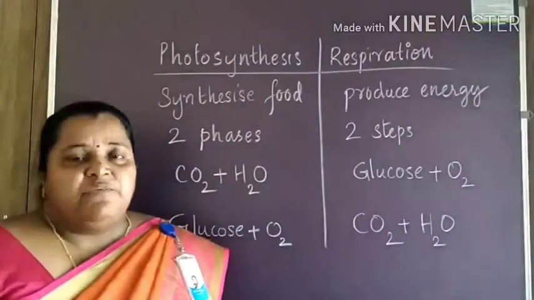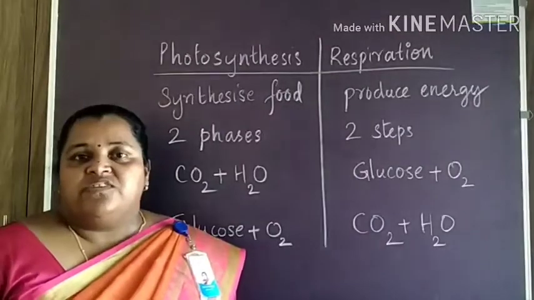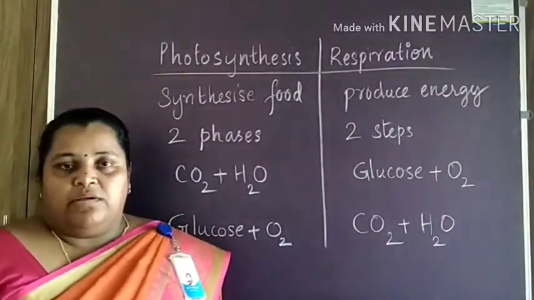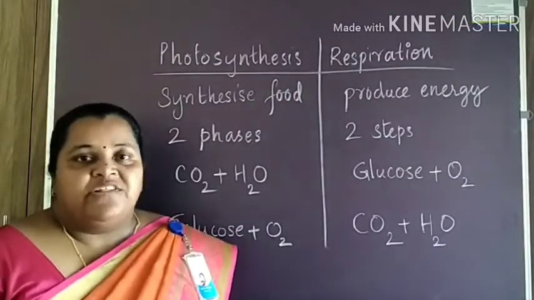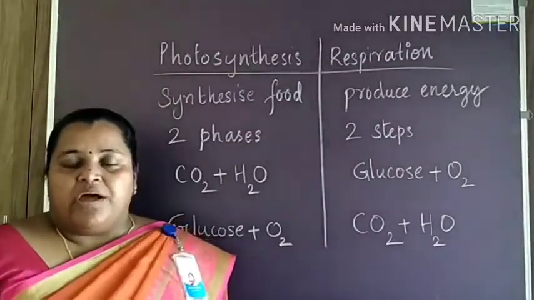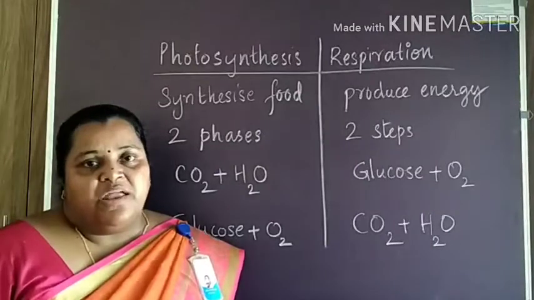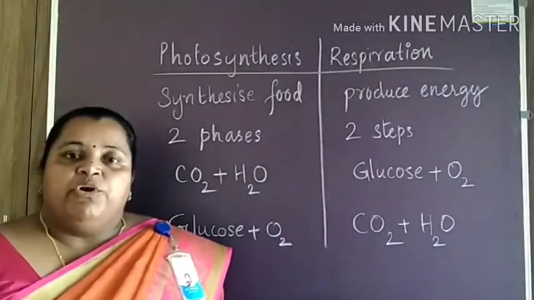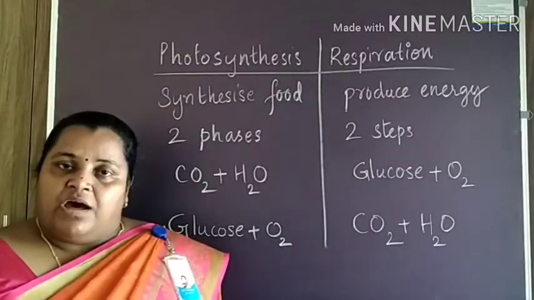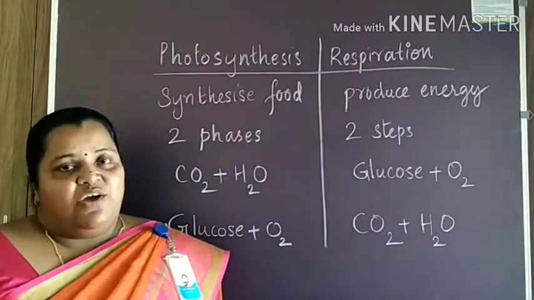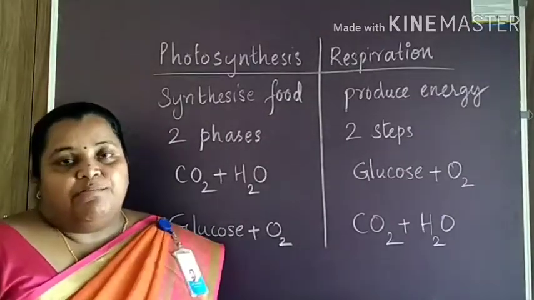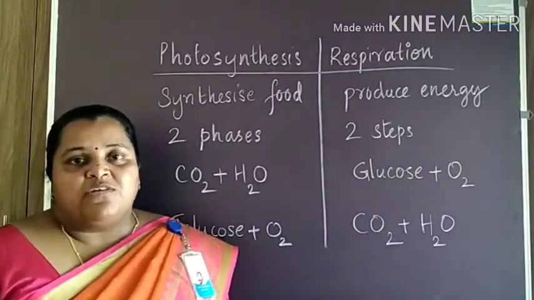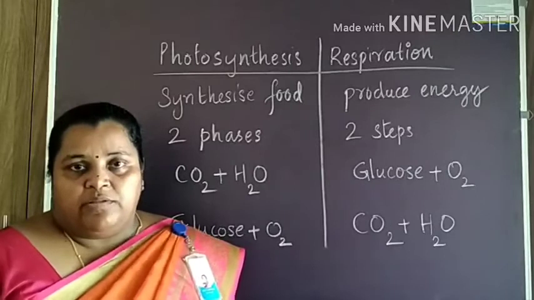The components very essential for photosynthesis are carbon dioxide and water. The components essential for respiration are glucose and oxygen. The byproducts produced during photosynthesis are glucose and oxygen. The byproducts formed during respiration are carbon dioxide and water.